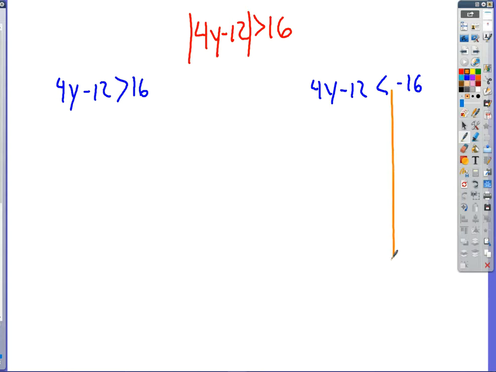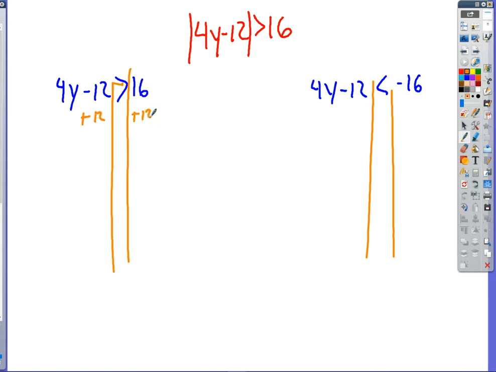All right. What are we going to do to both sides for both of the problems? Add 12. And so in negative land, I end up with 4y is less than -4. In positive world, I get 4y is greater than 28.